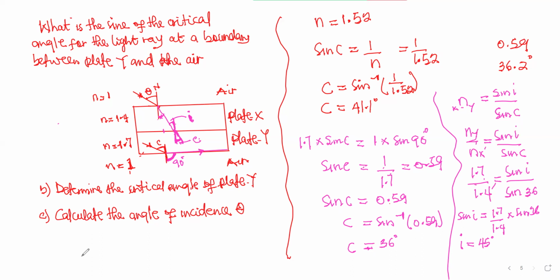So won't the angle of incidence in Y be the critical angle of Y? So here, let's calculate theta. We found I, and I will be equal to the angle here. So use this to find theta for me before I answer you.